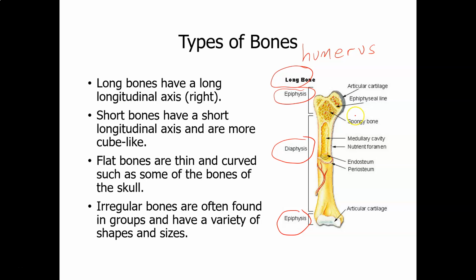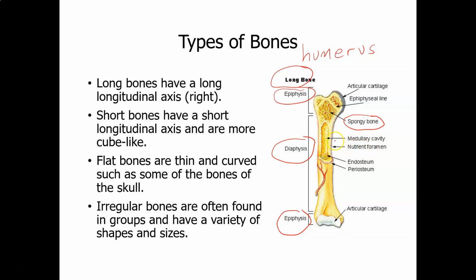Inside of that long bone is bone that's filled with air holes called spongy bone, or sometimes called cancellous bone. And then you have the bone that forms the diaphysis.